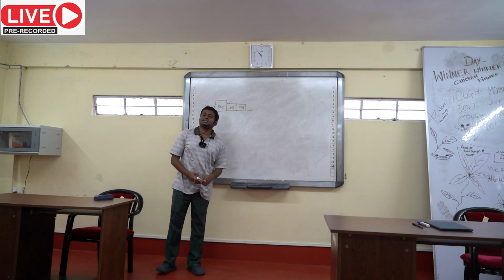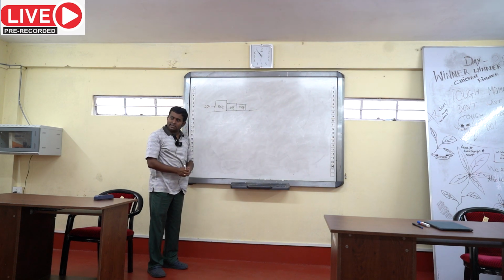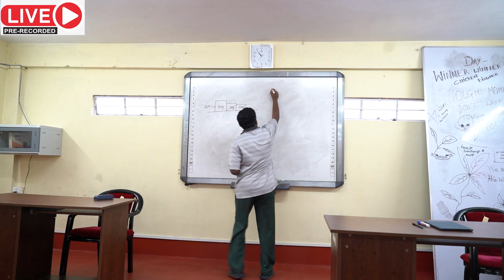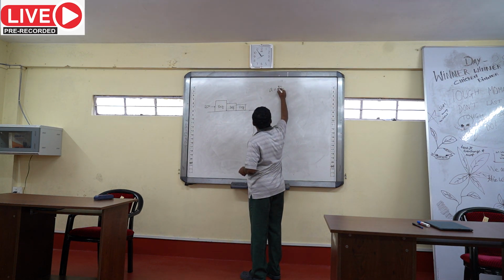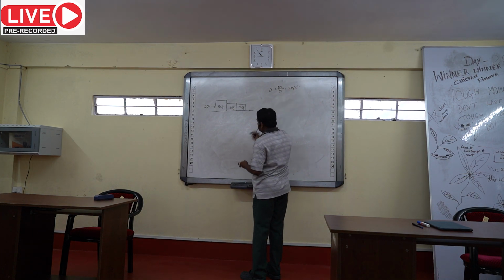What is the acceleration? Total force is 20. Total mass is 10. Then acceleration will be 20 by 10. That is 2 meter per second squared.